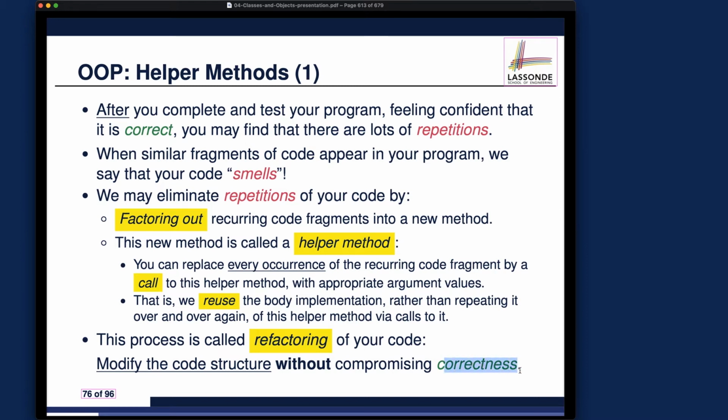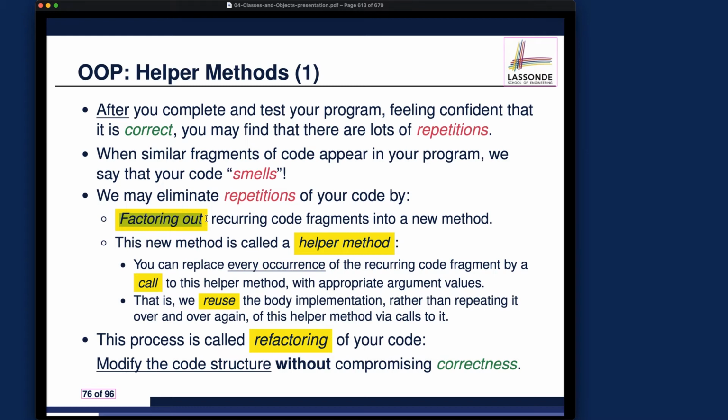Let me emphasize again, correctness is the number one priority, the only priority you should really achieve for sure. If your code is simply not correct, it doesn't really matter how efficient or effective it has been developed. It doesn't matter if it's not producing the right output. So correctness is always the number one key. But given that it's correct, you can then think about how to refactor your code by factoring out all the recurring code fragments, or by eliminating the smells of your code. That's the principle I'd like to mention in one slide.